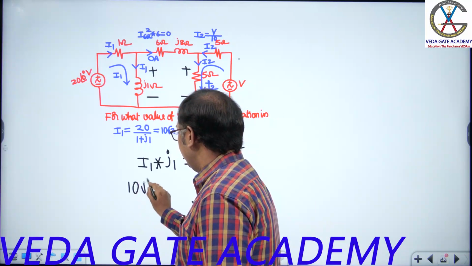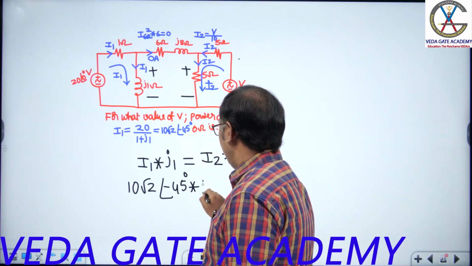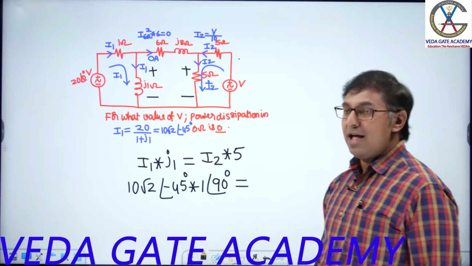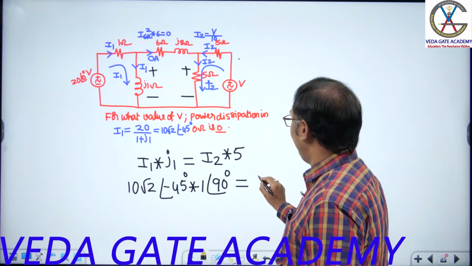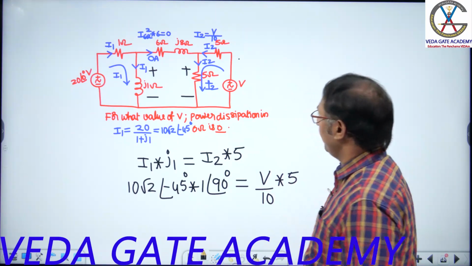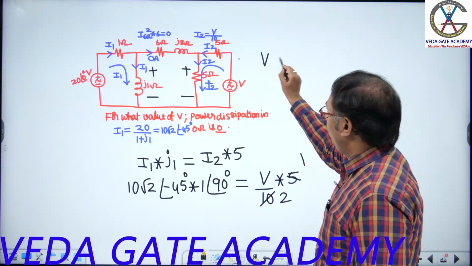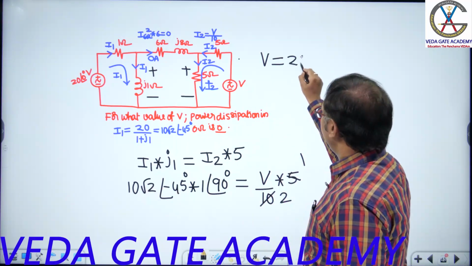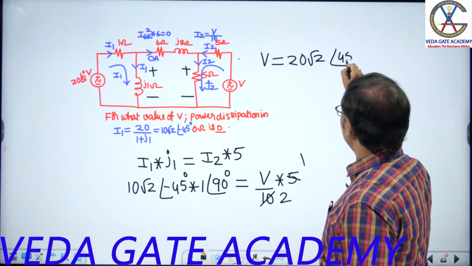So 10 root 2 at an angle minus 45 into 1 at an angle 90 degrees equals I2 into 5. What is I2 we got? V by 10, so V by 10 into 5. Finally, what is V, sir? 20 root 2 at an angle 90 minus 45, that is 45 degrees.